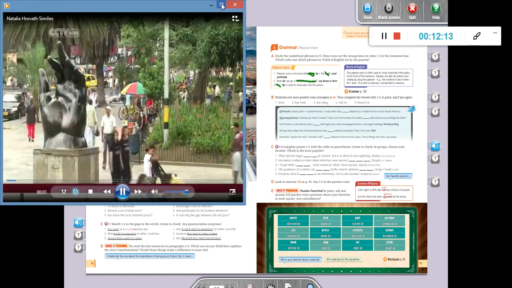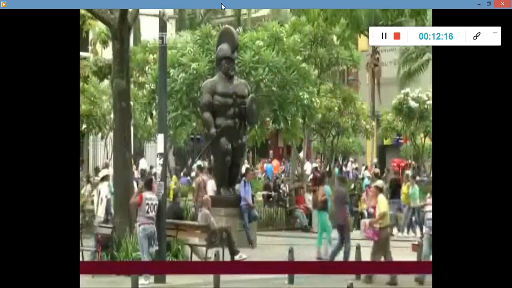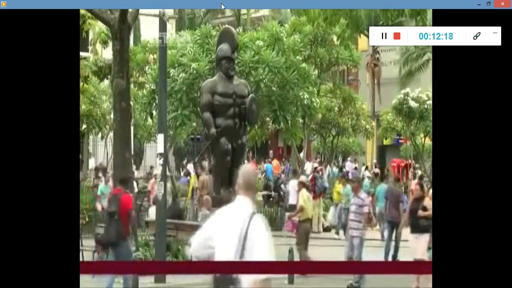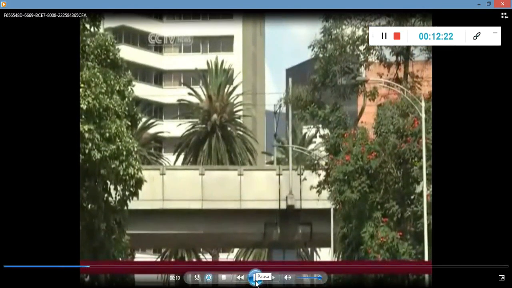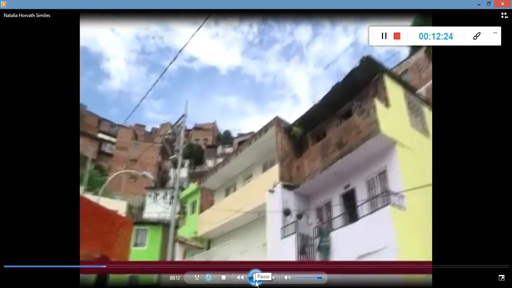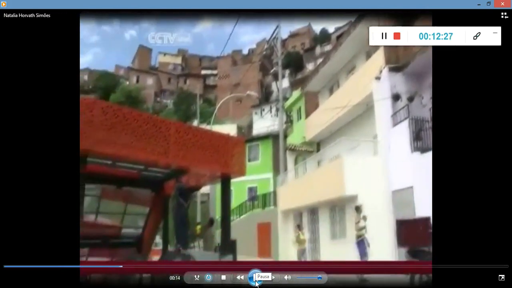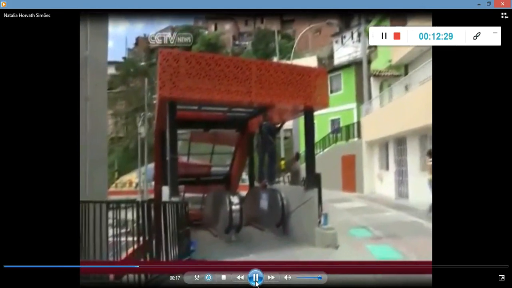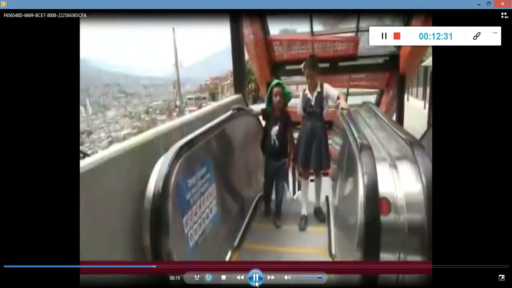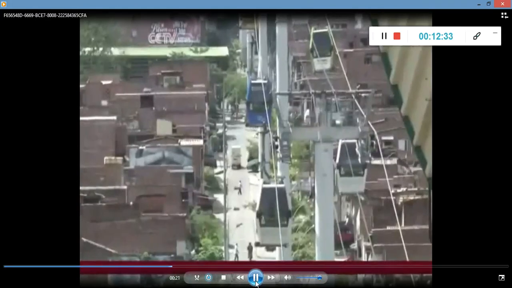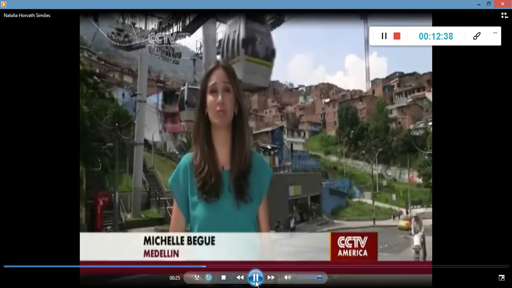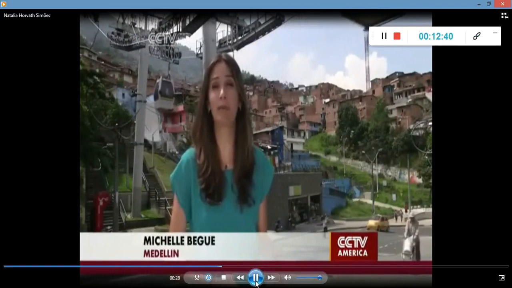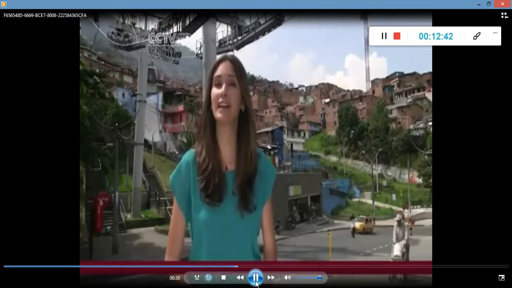Medellin was named the most innovative city of the world, and it was judged by 8 different criteria, ranging from culture, livability, to education and infrastructure. And Medellin's innovative public transportation has made it stand out, not just with the metro and bus system, but also using urban escalators and cable cars. With the arrival of public transportation in Medellin's most marginalized communities, public spaces were created, and finally, government programs reached these communities.